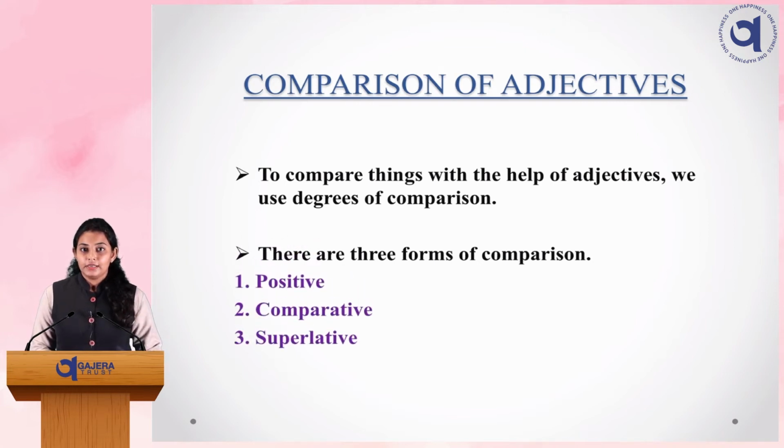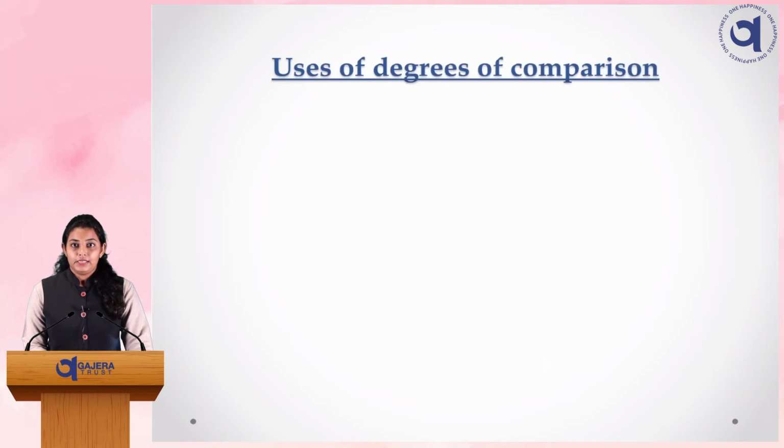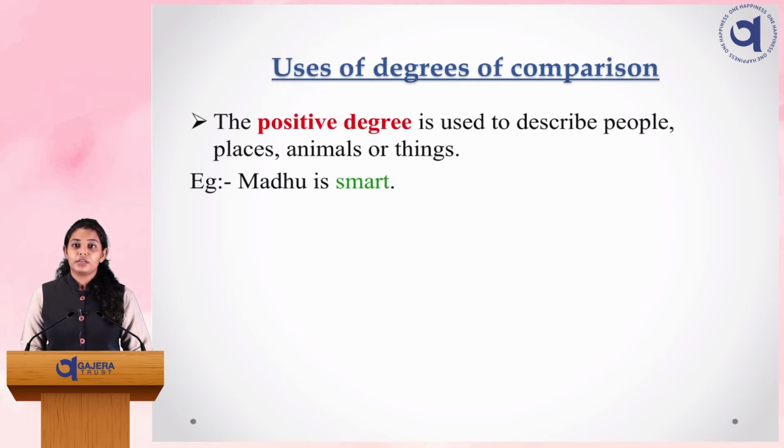Let's see which they are: positive, comparative and superlative. So there are three forms of comparison of adjectives, right students? Again we can repeat: positive, comparative and superlative, right? See the next one. Now we can see the uses of comparison. Let's see what the uses are.